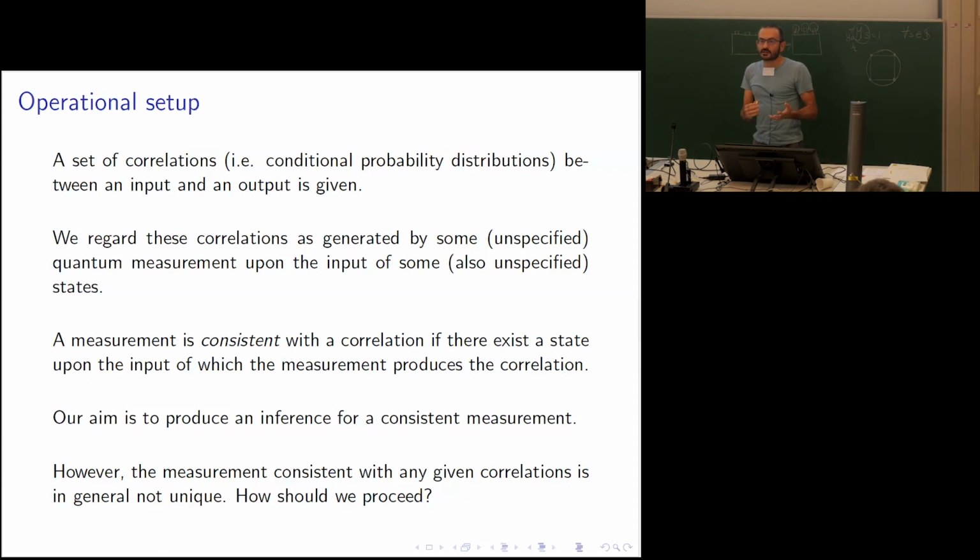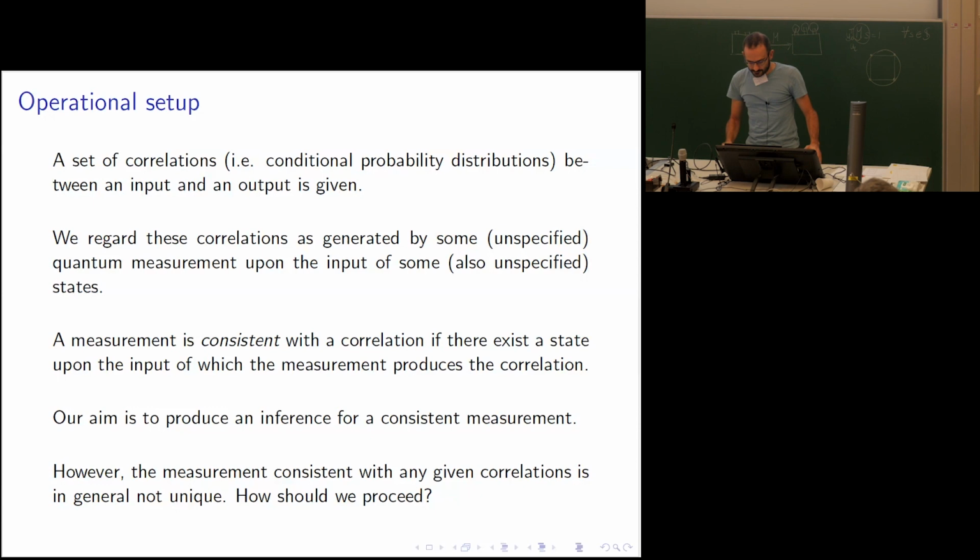We require consistency. So the measurement that you are going to infer must contain in its probability range the observation that we have made. In other words, there must exist states for which the measurement that we infer produces what we have seen. That is consistency.